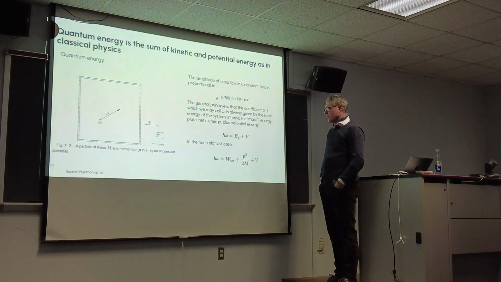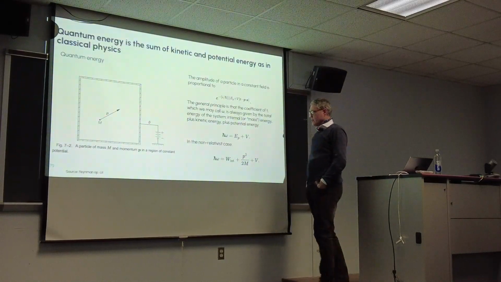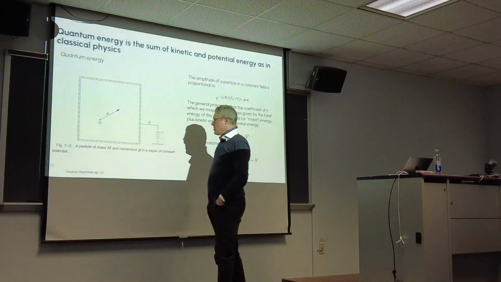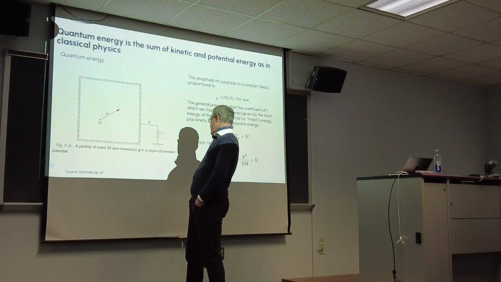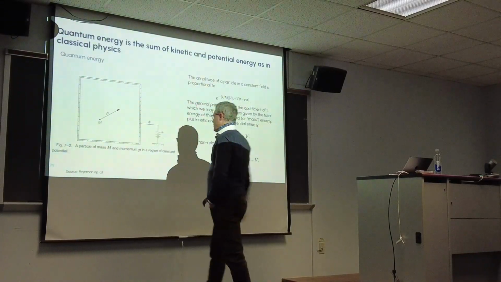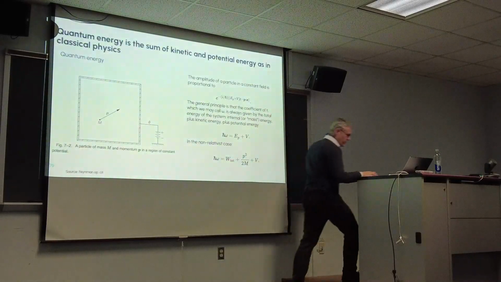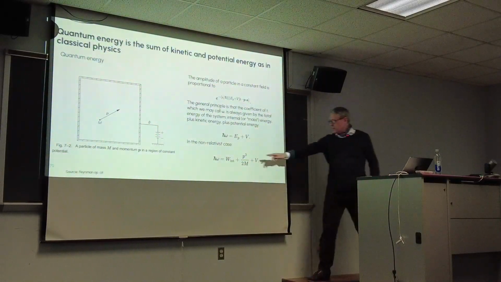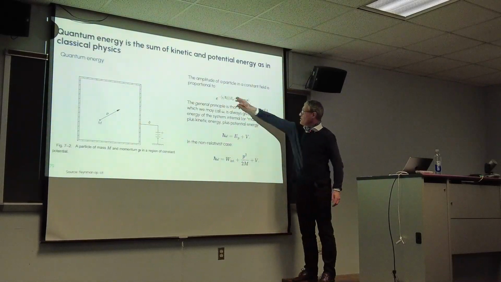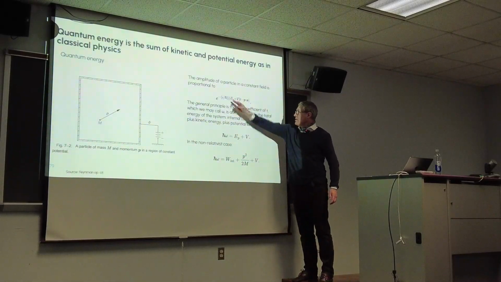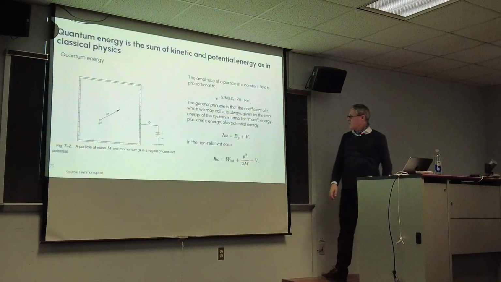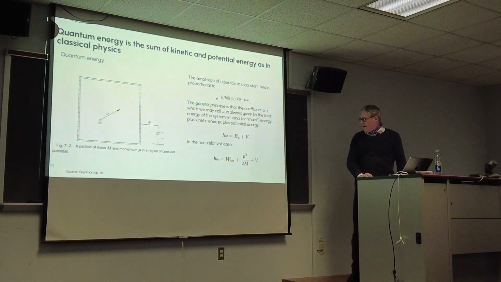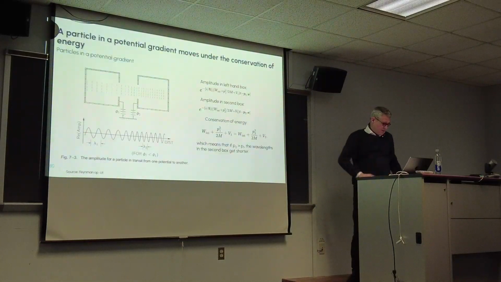And so here, when you have a constant electric potential, then the particle will just move along like this. And it's just important to know that this term that we have here is composed of these components.